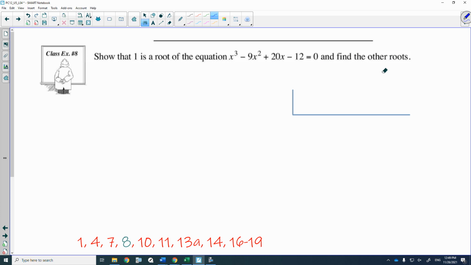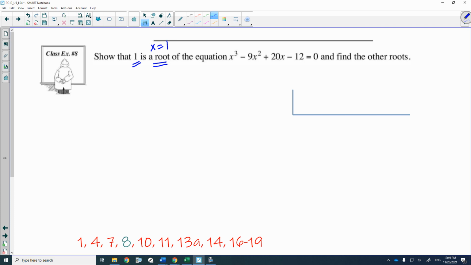What question number 8 says is that, show that 1 is a root of the equation. So we're calling this an equation now because there's an equal sign. Remember that root is the same thing as an x-intercept. So they're saying that 1 is a root, okay?